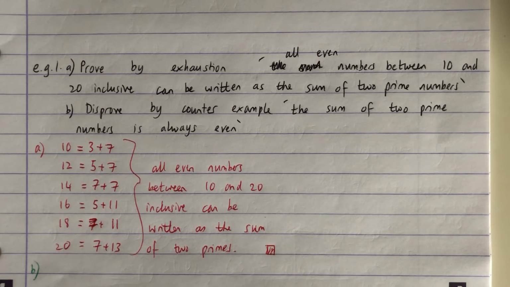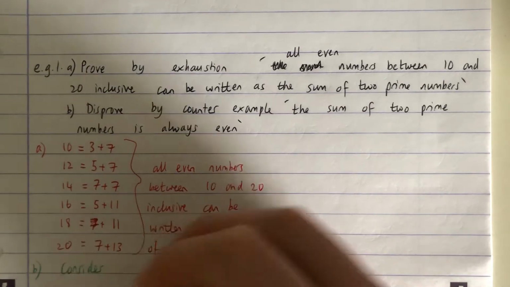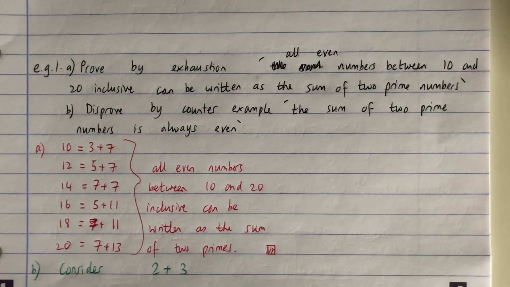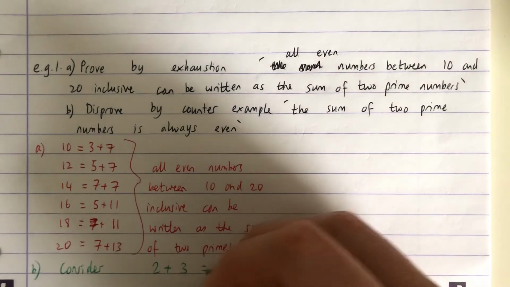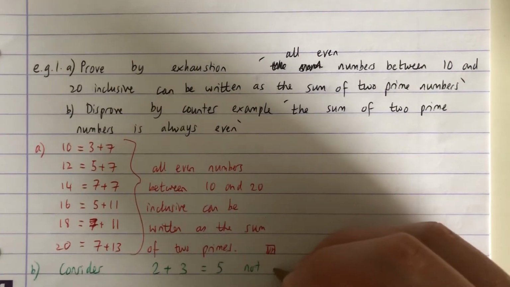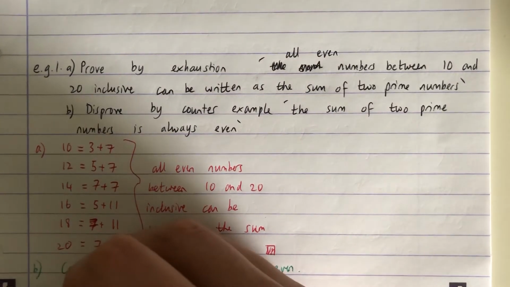When you add them together, the answer is not even. Let's consider 2 plus 3. Those are two prime numbers. If you add those together, it is 5, which is not even, and that is your counterexample. Okay, therefore the statement is false.